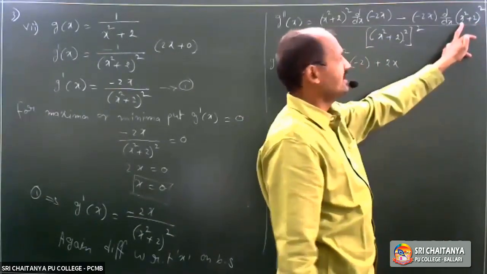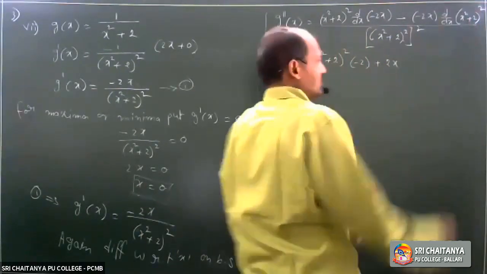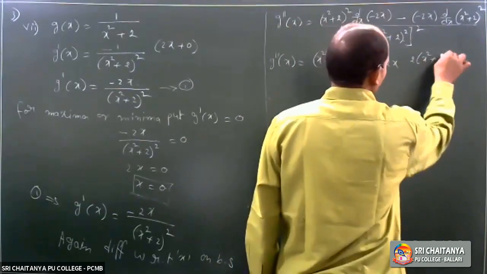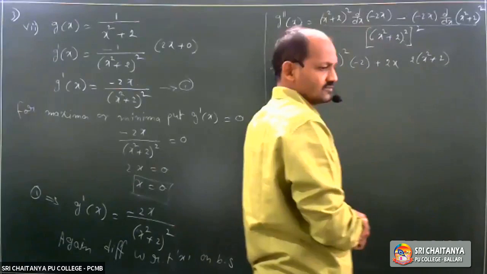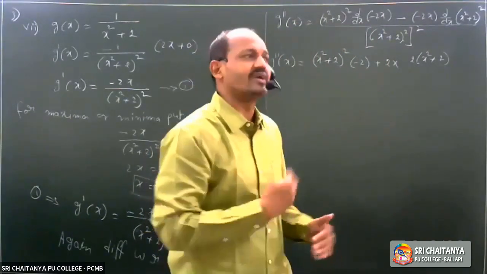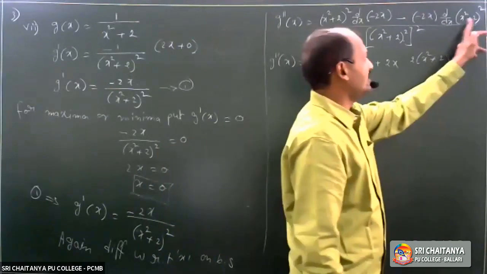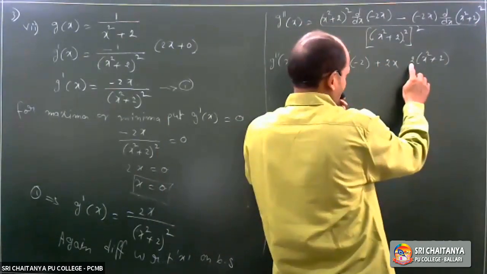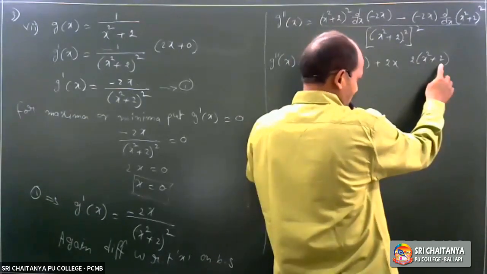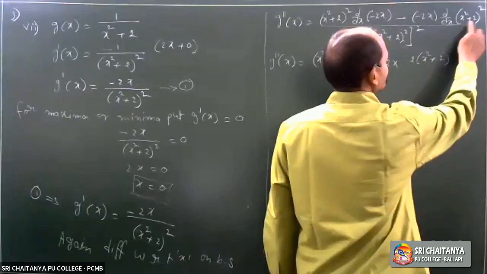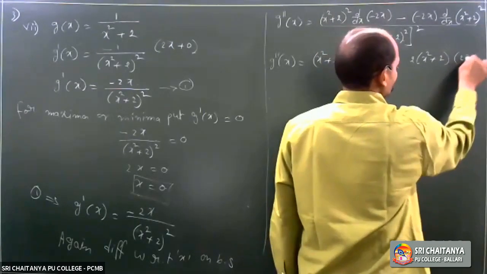The derivative of (x square plus 2) whole square is 2 times (x square plus 2) into derivative of x square plus 2, that is 2x.